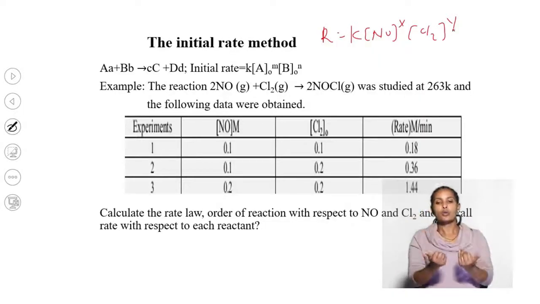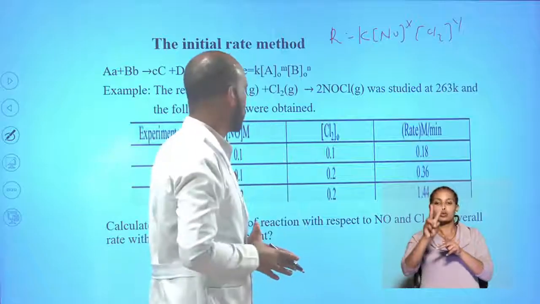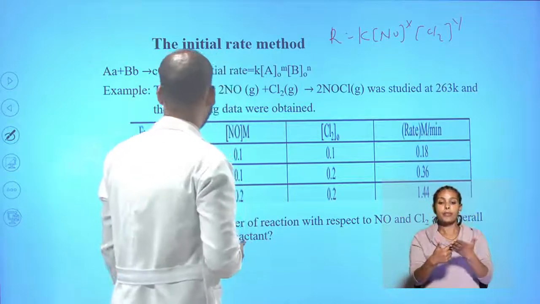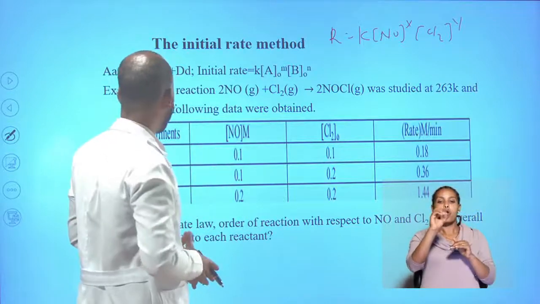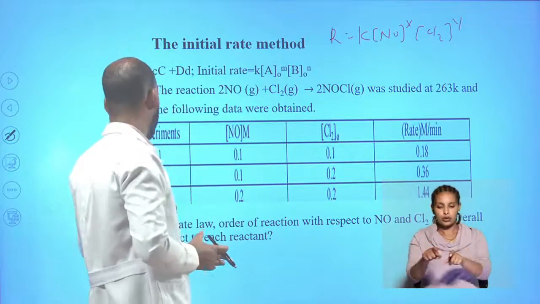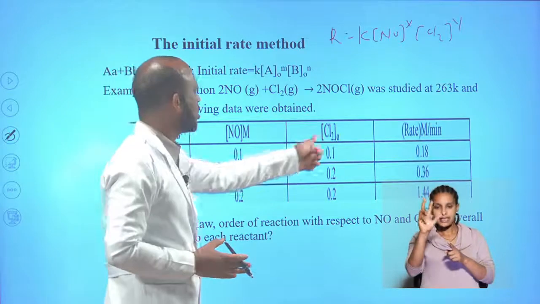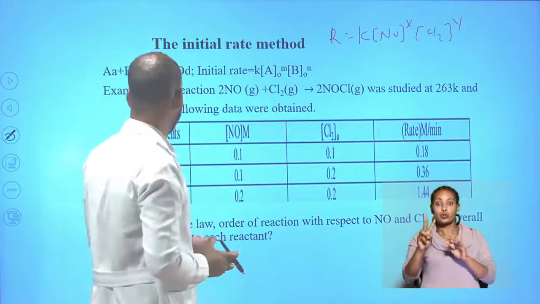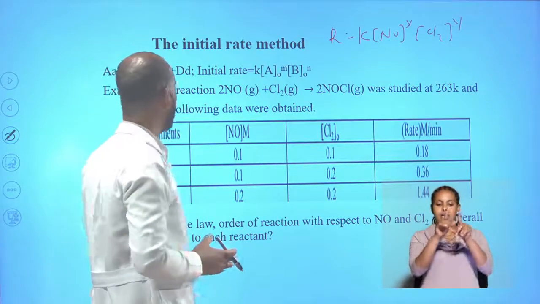Now to get the value of x, vary concentration of NO while keeping concentration of Cl2 constant. Therefore, concentration of NO varies in experiment 2 and 3. Concentration of Cl2 is constant in experiment 2 and 3.